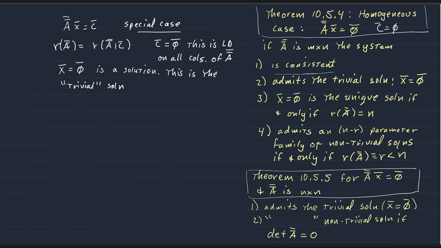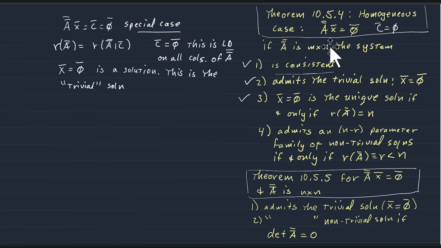Maybe you can think of it as trivial because when we multiply anything by 0, we get 0. And so we know that the trivial solution is always a solution to the system AX equals 0.